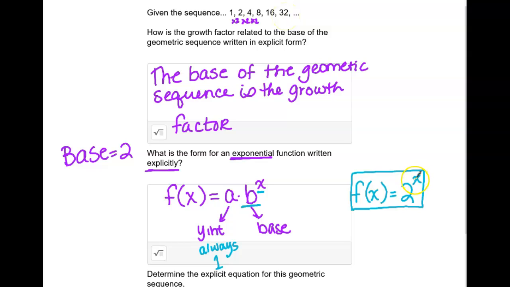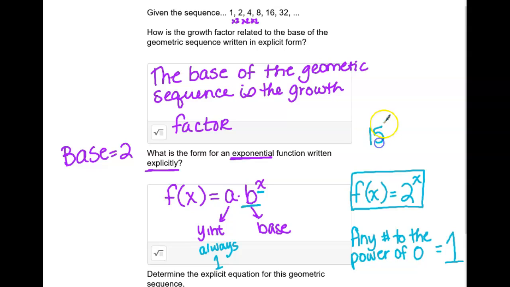So if you put 0 in here, this is one thing that you'll want to write down probably. Any number to the power of 0 is equal to 1. Not 0, not the number itself. Any number to the power of 0 is always equal to 1.